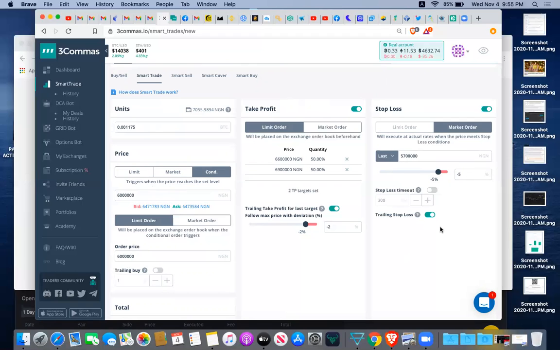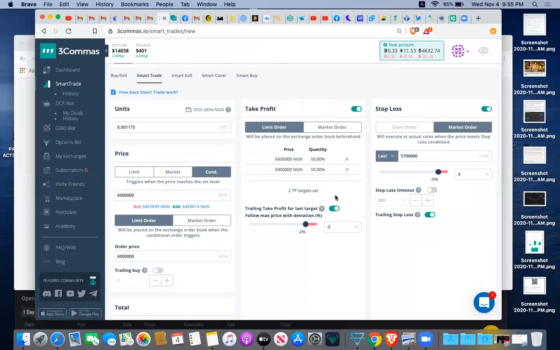Now, what trailing does is that, no problem. Now, you know you bought at 6,600. The market got up, get to 6.5 million, and it never get to 6.6 million. You know, by that, maybe that's about 8%, right? Now, about 8%. Trailing move your stop loss away from 5.2, and the 5% of 6.5 maybe 6.2 or thereabout.